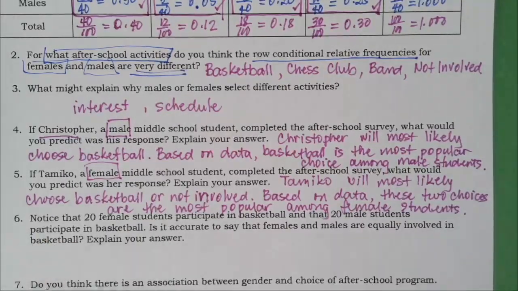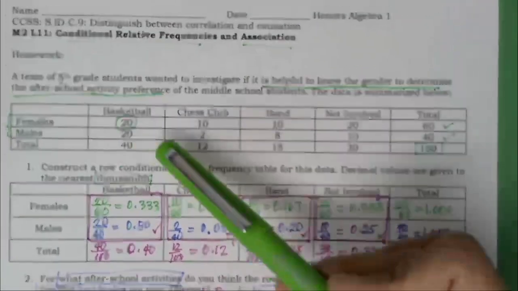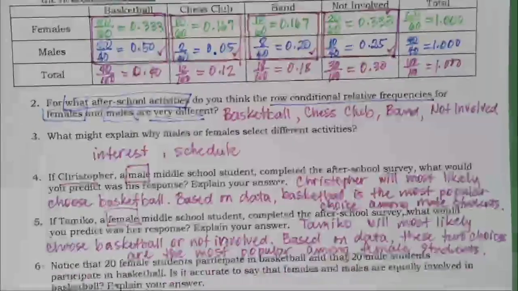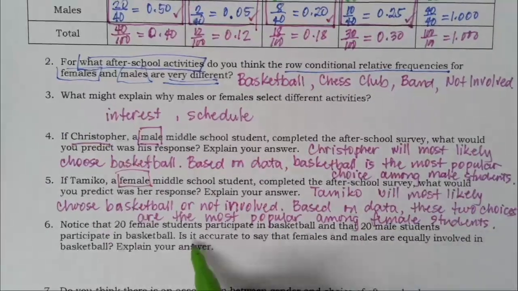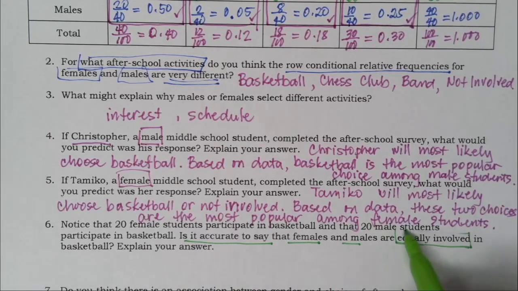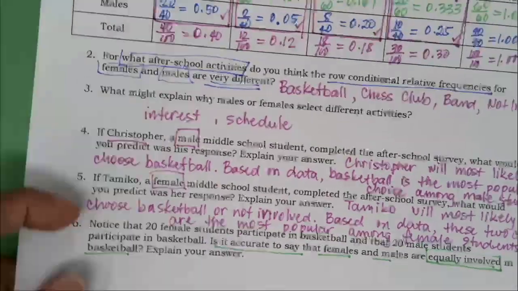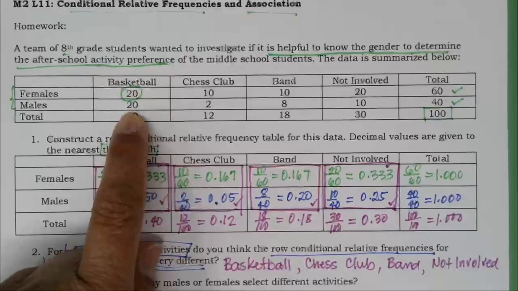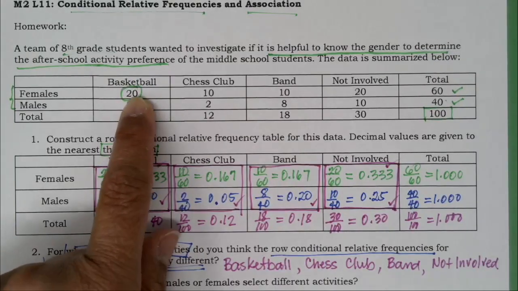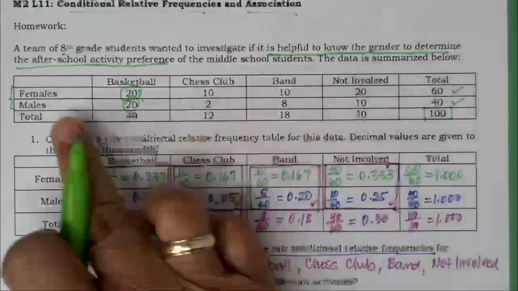Now notice that 20 female students participate in basketball and that also 20 male students participate in basketball. So that is based on this table. Now, is it accurate to say that females and males are equally involved in basketball? You might say they have the same number of males and females who choose basketball, but we have to compare these numbers with their corresponding totals.